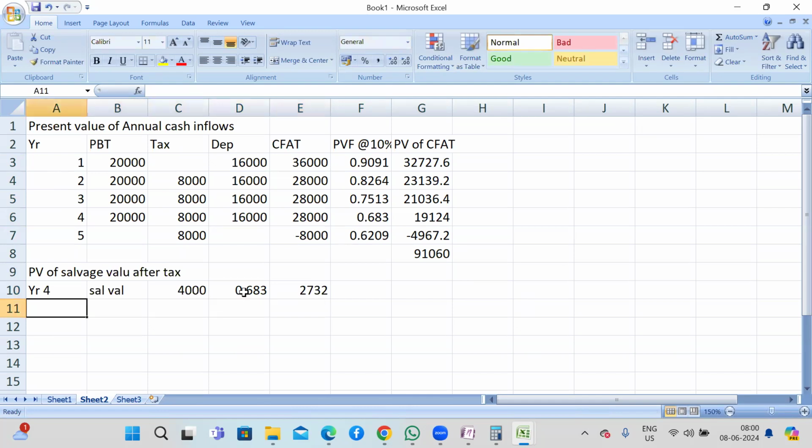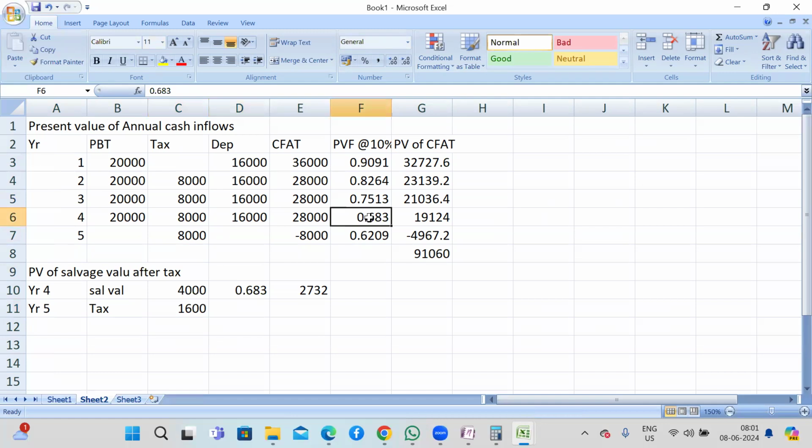So for the tax on salvage value, when am I going to pay? Year 5, right? So tax payable will be in year 5. How much percentage is it? 20 percent. Sorry, 40 percent. So 1,600 will be payable in year 5.